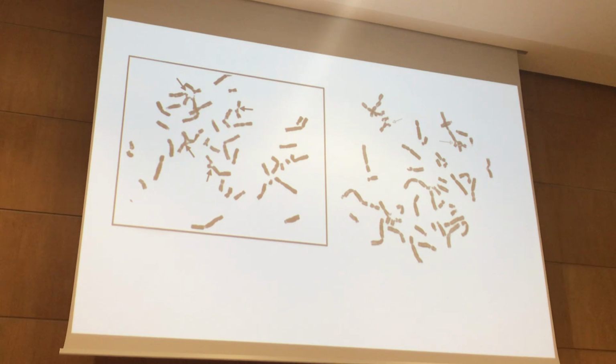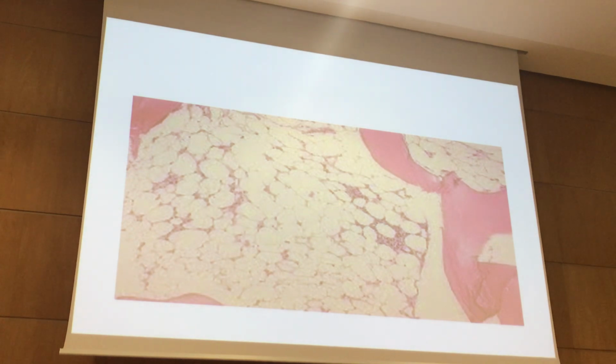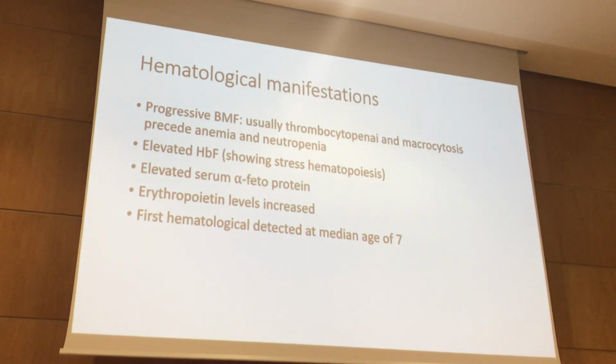Chromosomal abnormalities: the cells or the chromosomes of these patients are prone to chromosomal abnormalities. So there is an instability in the chromosomes, in the genetic structure of those patients, which results in aplastic anemia. As for hematological manifestations, bone marrow failure is progressive.